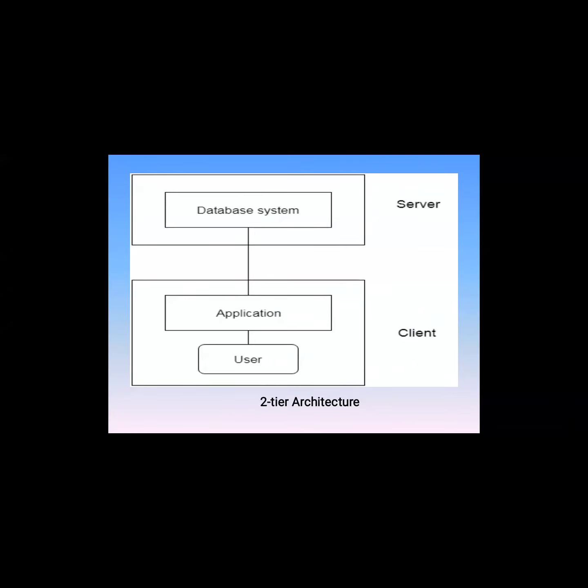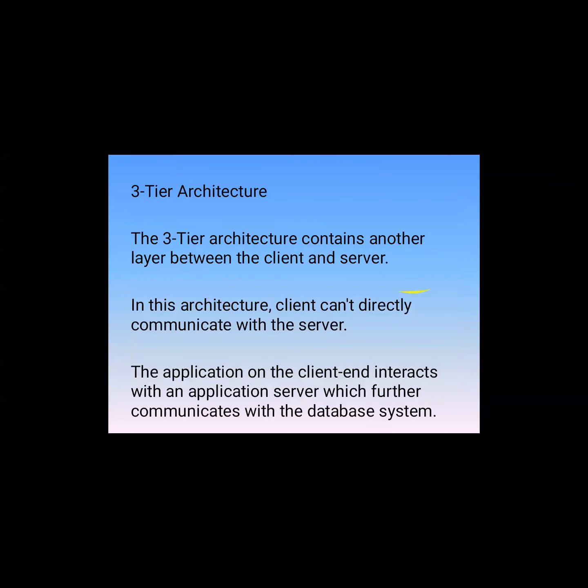For example, in a three-tier architecture, we can maintain any number of levels between the end user and the database system. How many levels are maintained is what is referred to as the tier architecture. So the next one is the three-tier architecture. The three-tier architecture contains another layer between the client and server.